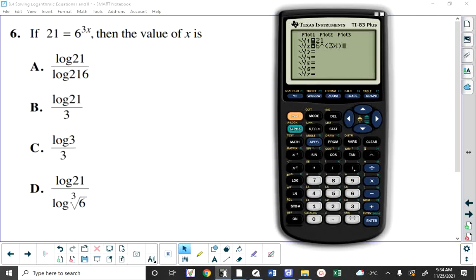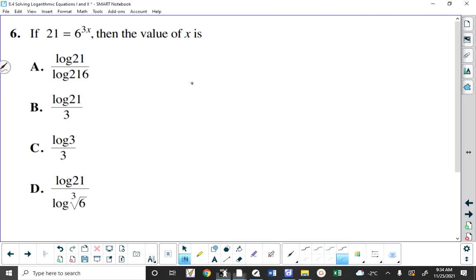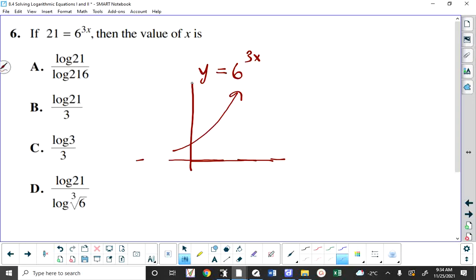Now we can use some knowledge about exponential functions. 6 raised to an exponent is a growing or increasing exponential function, which in general will look like this with a horizontal asymptote on the x-axis.